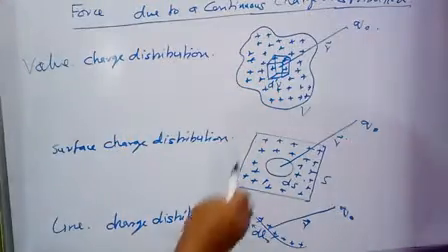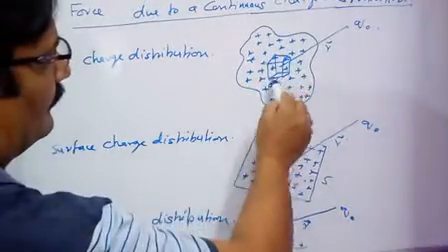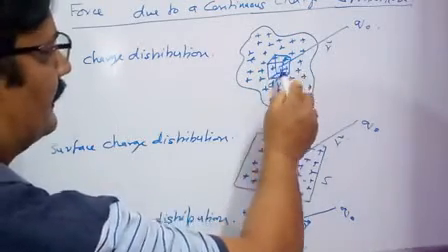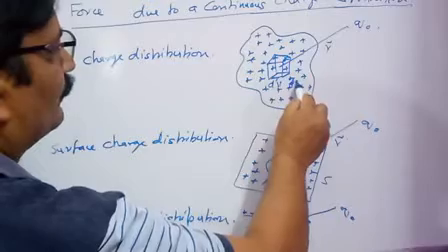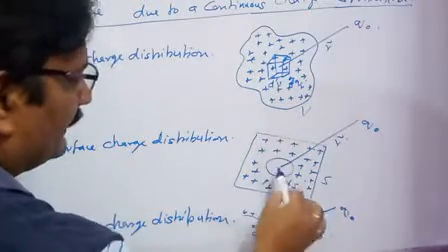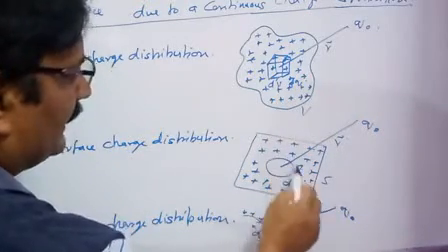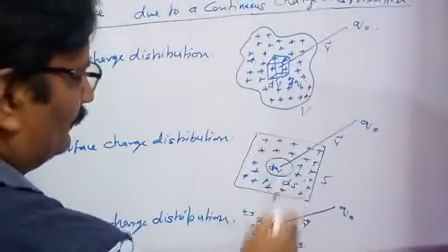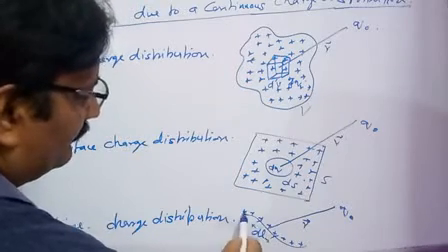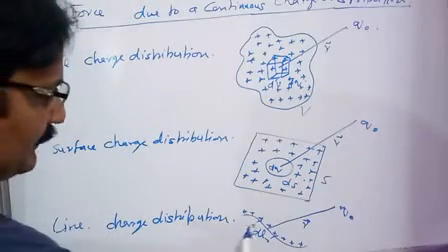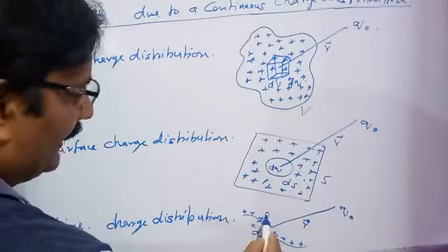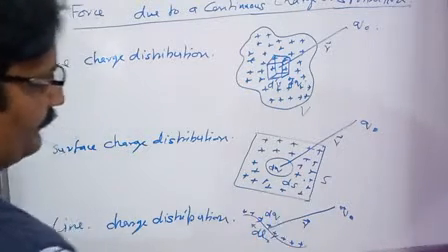A small section of the conductor with volume dV contains charge dq. In the second case, a small section of the surface area S, that is dS, contains charge dq. In the third case, it's a linear conductor. A small section of the conductor is of length dl and the charge contained by it is dq.